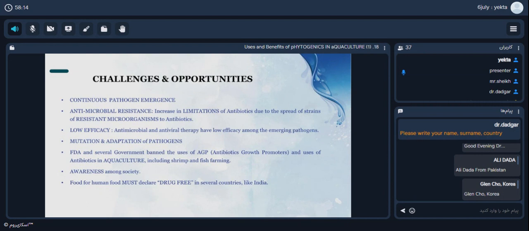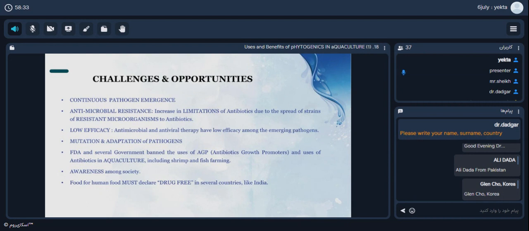When we are using these kind of phytogenic or herb origin components, the benefit we get is what I described in the previous slides, that it works holistically. So in one way, it is helping to keep the environment clean.